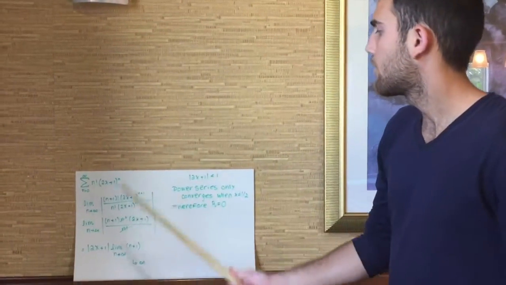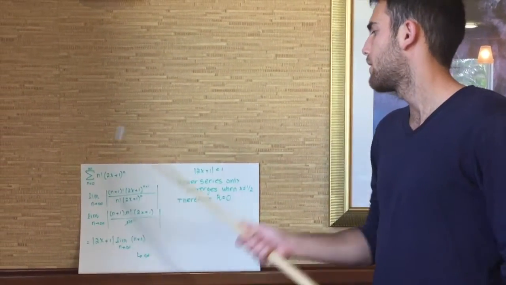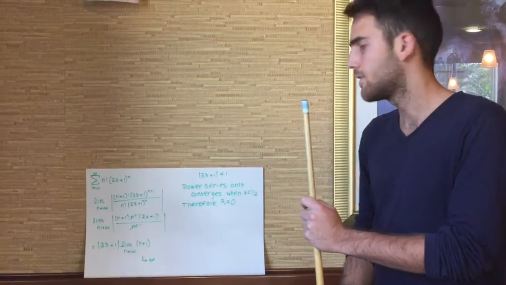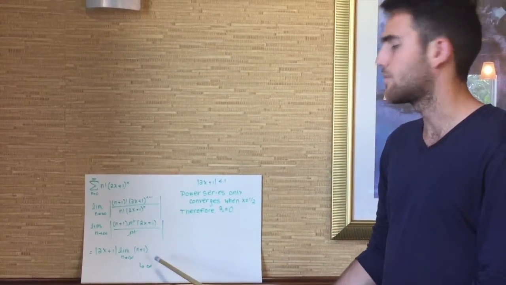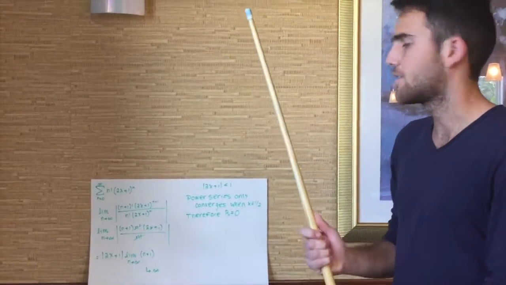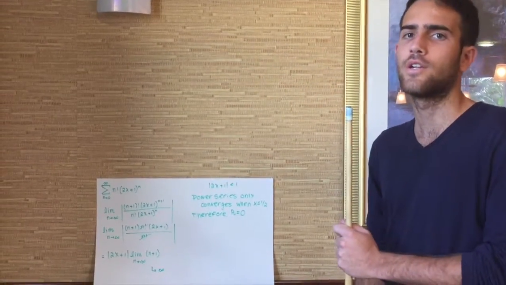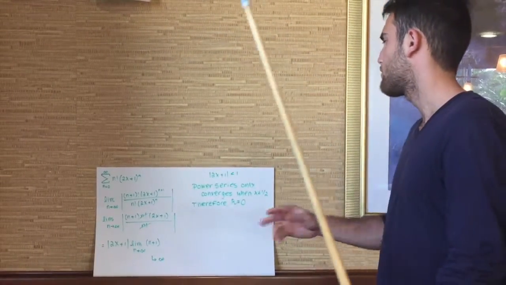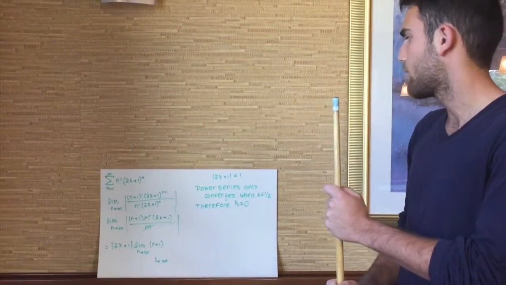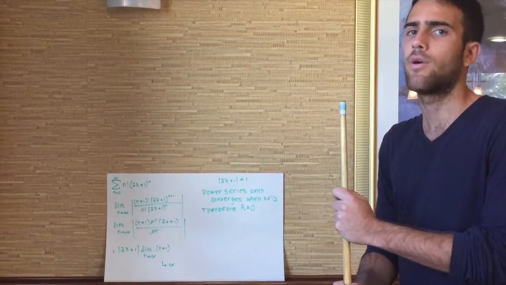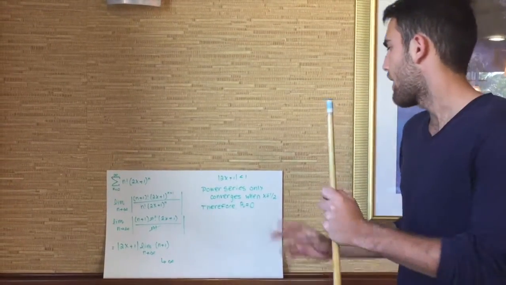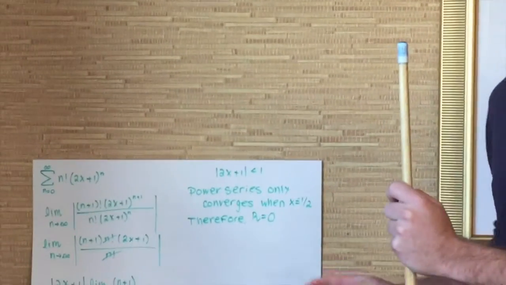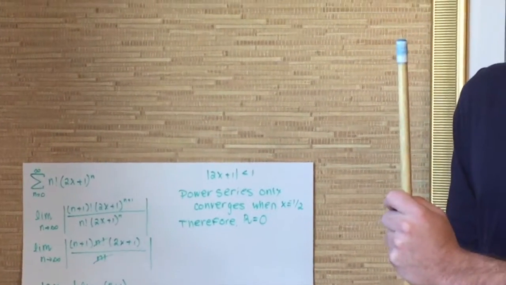That limit is equal to infinity. That means the power series can only converge at a single point. Solving, we find that it only converges when x is equal to negative 1 over 2. Since it only converges at a single point, the radius of convergence is equal to 0.